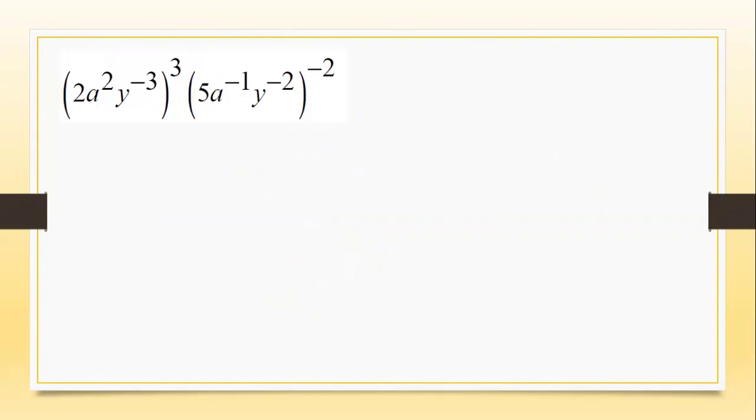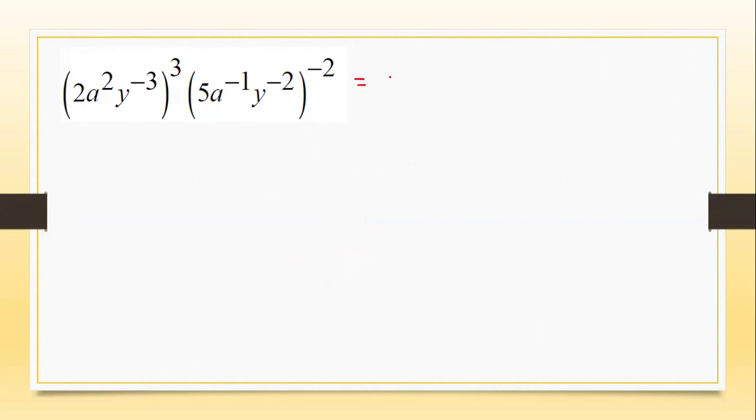Next, we have 2a squared, y to the power of negative 3, all raised to the power of 3, over 5a to the power of negative 1, y to the power of negative 2, all raised to the power of negative 2. So let's begin. So we're going to get rid of the brackets here.